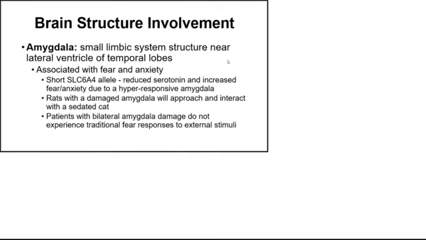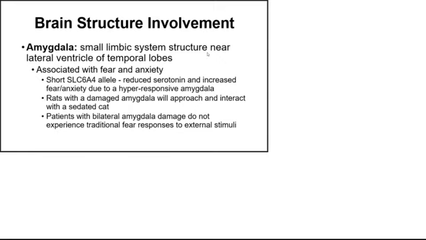So it means that you're not producing the protein that it's associated with correctly. That leads to reduced serotonin and increased fear and anxiety due to a hyper-responsive amygdala. So something's going on internally there where that particular mutation leads people to have an overactive amygdala. So lack of serotonin production is leading to that being more active, and they are more fearful in general.